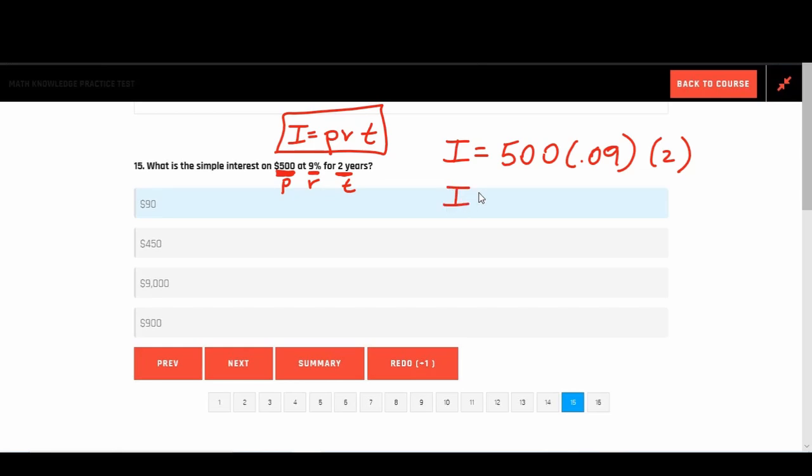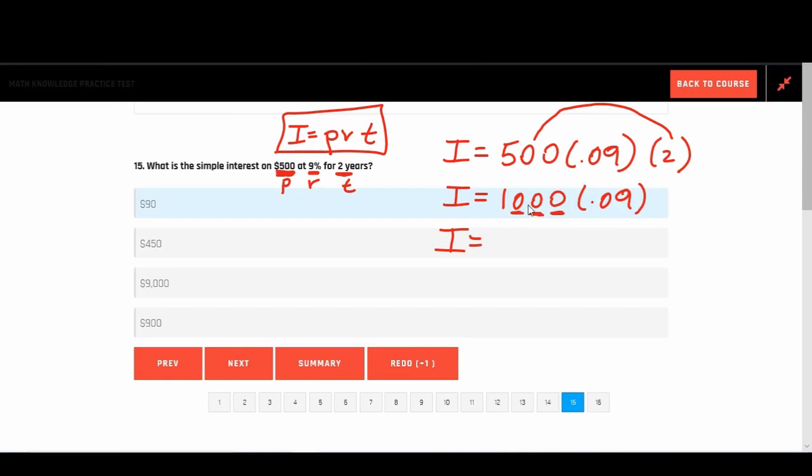Okay. I like to cheat by doing mental math, as you may have noticed. So I'm going to do 500 times 2, which is 1,000. And this is going to be times 0.09, of course. Now remember what I said earlier. When you multiply anything by 10, 100, or 1,000, you just take the decimal place and shift it according to how many zeros there are in the number.